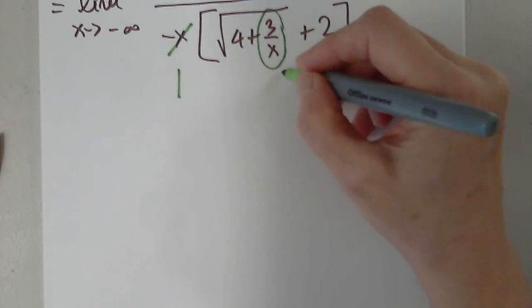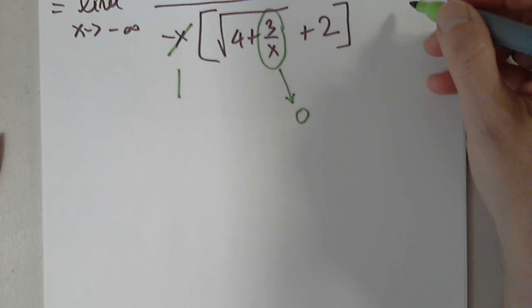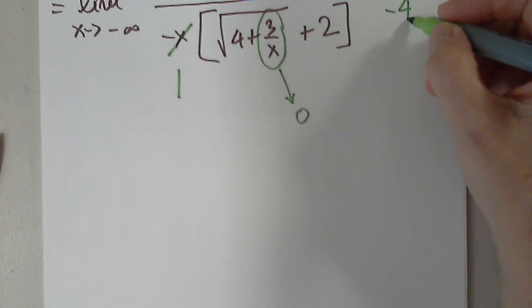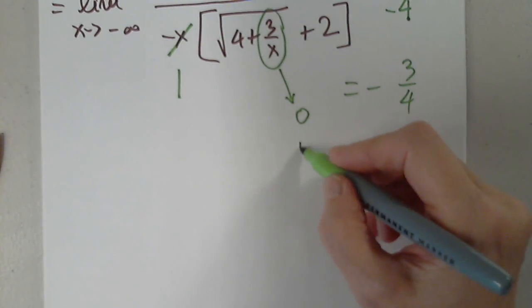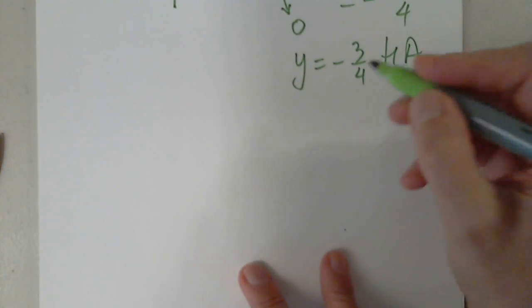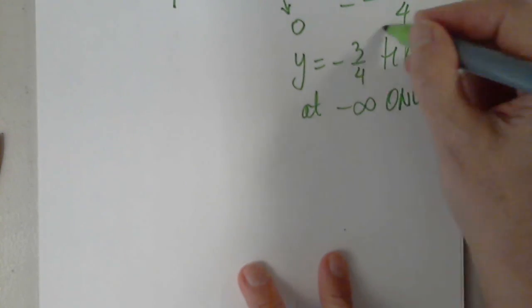Where is this going? Oh, to 0. Good. So then the denominator goes to negative 4. Excellent. So this is negative 3 over 4. So y equals negative 3 over 4 is a horizontal asymptote, definitely at negative infinity only, for sure.